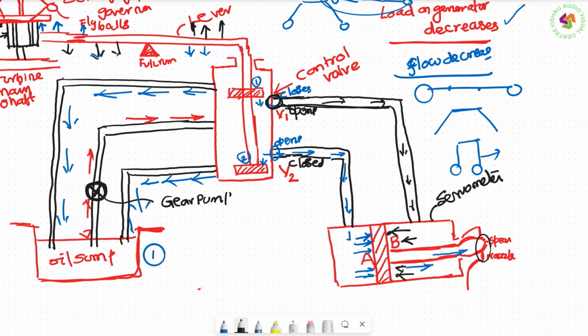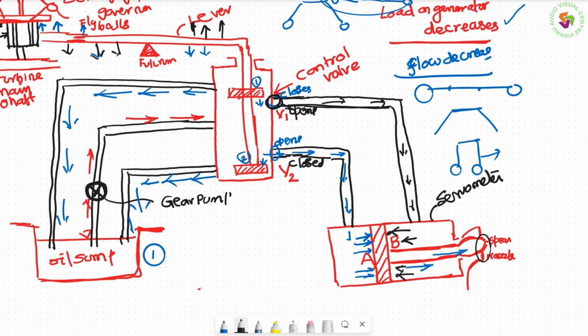Whereas in the case of reaction turbines, the same thing is connected to the guide blade mechanism, because rather than spear and nozzle, which is in the case of the Pelton turbine, there we have the guide blade mechanism, and we operate the guide blade mechanism depending upon the loads.